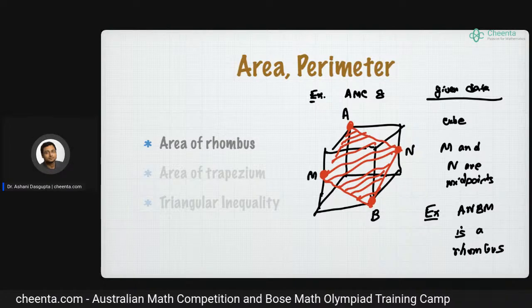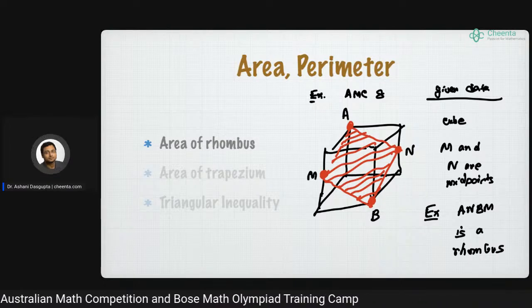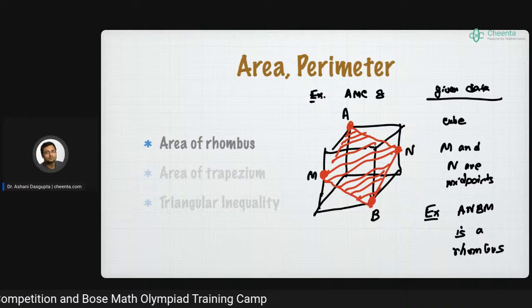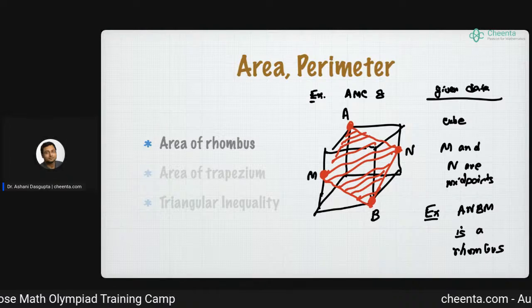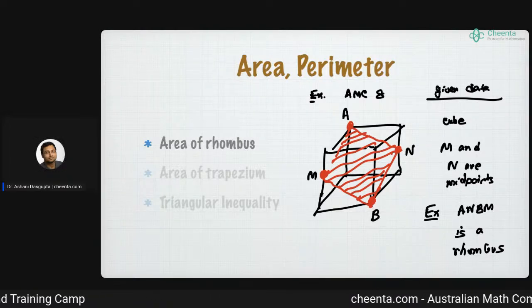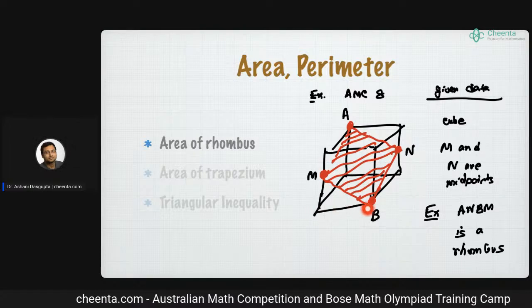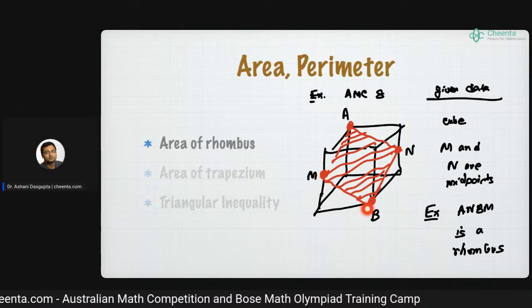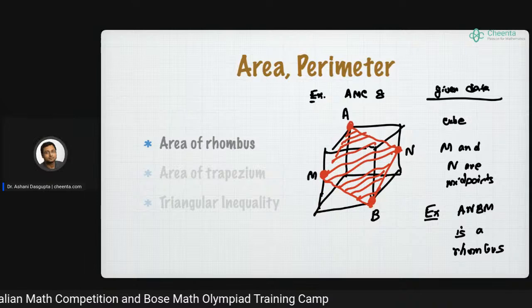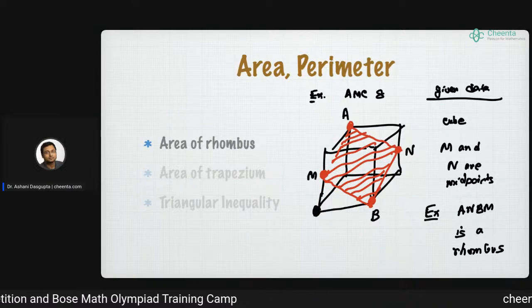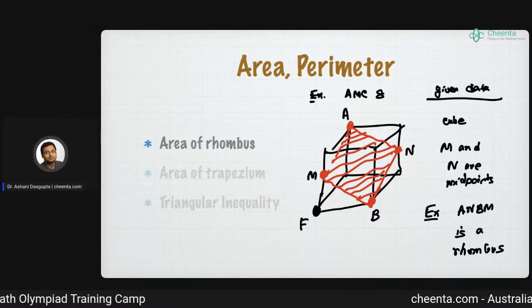Anyway, the main job is to find the area of this quadrilateral ANBM, and one of the things that we can easily see that it's a rhombus is by checking this triangle. I'll give you a hint. This MFB, this hint is for those who are seeing this for the first time.